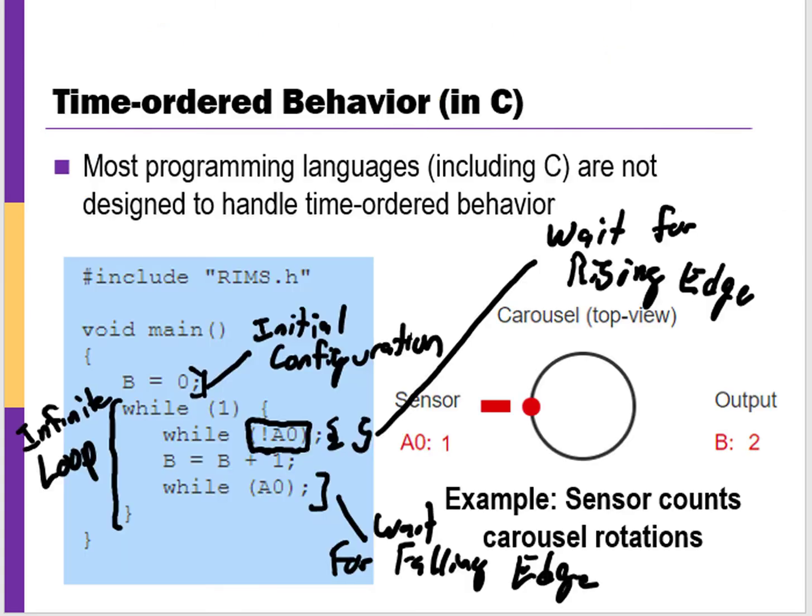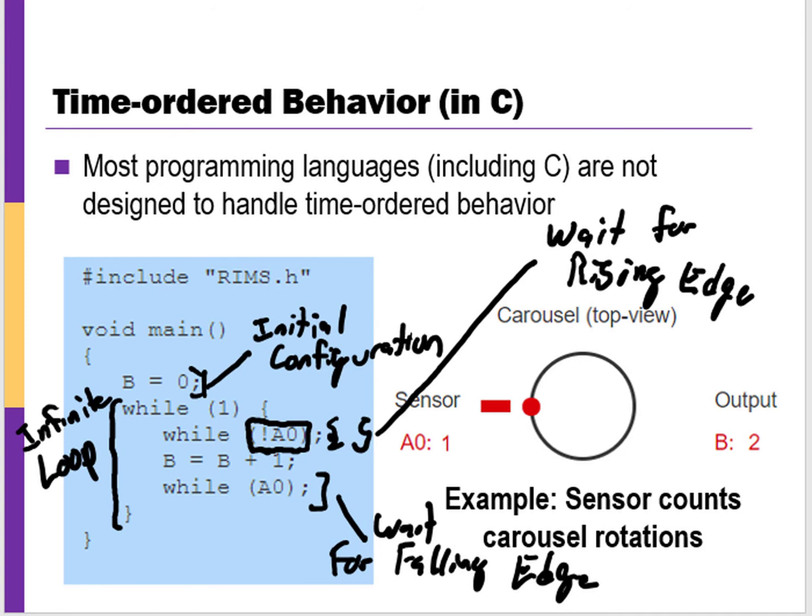Now, I want to point out a couple things here. If you found that code confusing, that's rightly so. Imagine we had a very simple embedded system where our microcontroller was connected to the sensor and was just keeping track of how many rotations of the carousel there were.